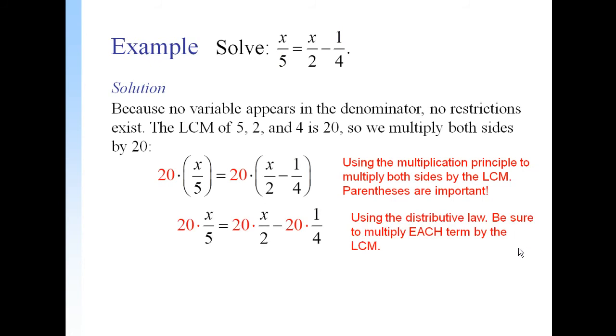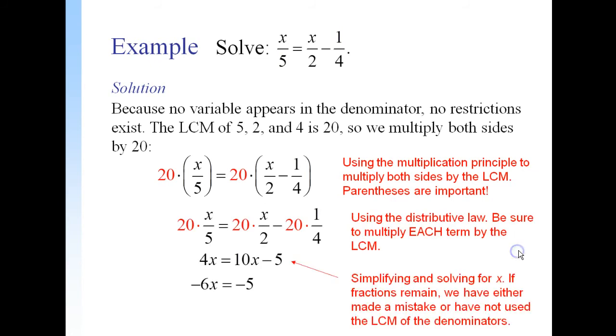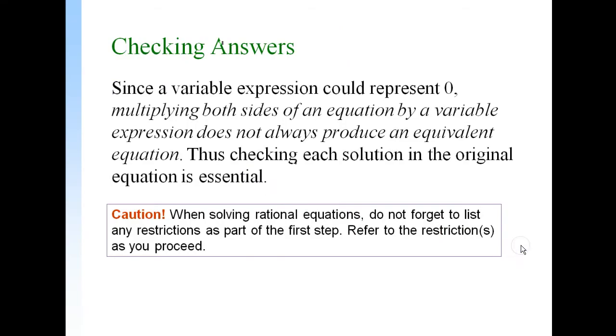And they're doing it pretty much the way we did. Notice they ended up with negative x, but by dividing both sides by a negative, they got the same answer. Okay.